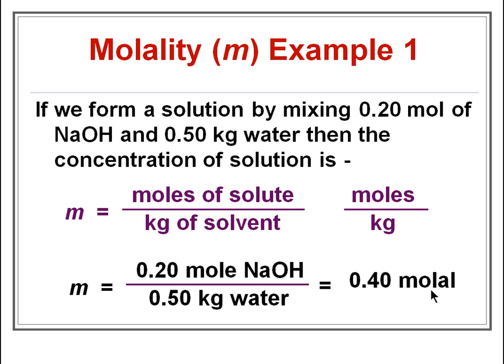So the concentration of this solution is a 0.4 molal solution of NaOH. This is another form of the concentration unit. We can say molal, or we can also represent it as 0.4 moles per kg. This was a simple example, and we will see other, more complicated examples in another video.